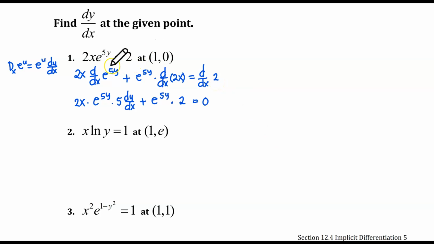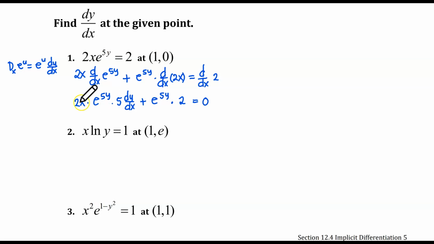Now, since in this problem we are to find dy/dx evaluated at (1, 0), it would be best to plug in 1 for x and 0 for y at this point. And then from there, we solve for dy/dx.